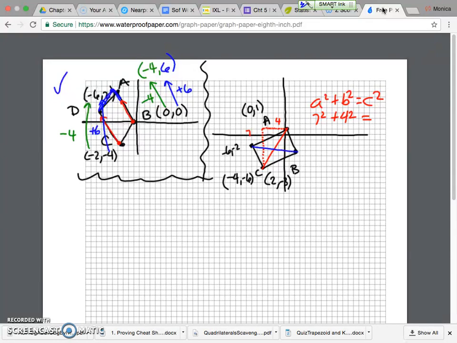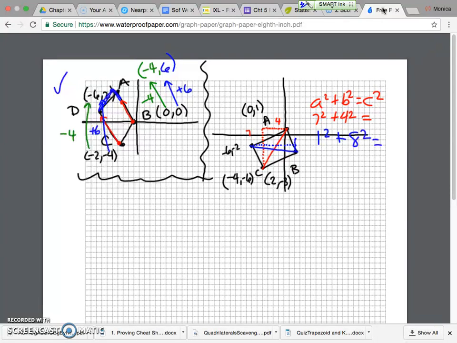So for here, this is at 2, -3. I can already see that these are not going to be congruent, but we'll see. So we've got 1 squared plus 8 squared.